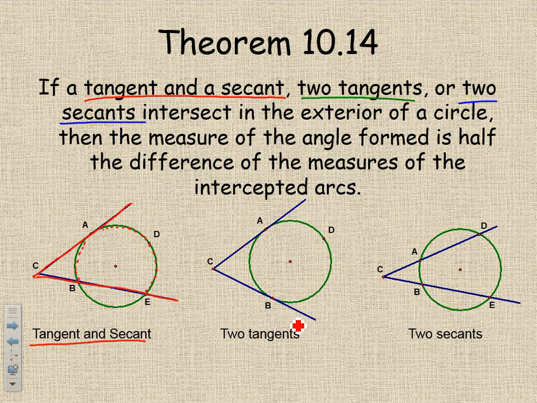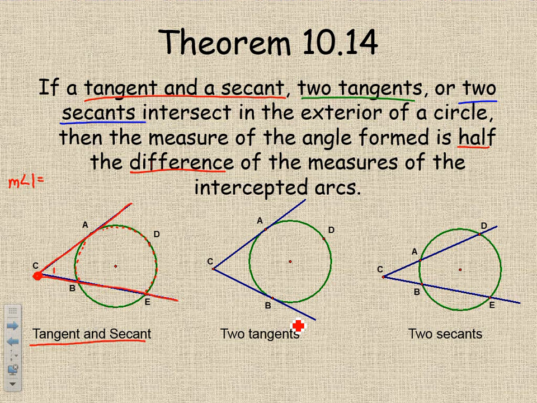And then all we're going to do to figure out angle, you're looking at angle C here. We'll call this 1. We're looking for angle 1, so you're going to say the measure of angle 1 is equal to half the difference of those intercepted arcs.